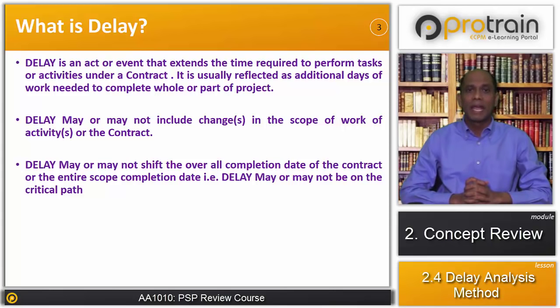Delay in the project may or may not shift the overall completion date of the contract. In other words, delay may or may not be on the critical path. So when we talk about delay, we are not only talking about those events which are affecting the project completion date. Suppose in the building example, the building has some utility work.